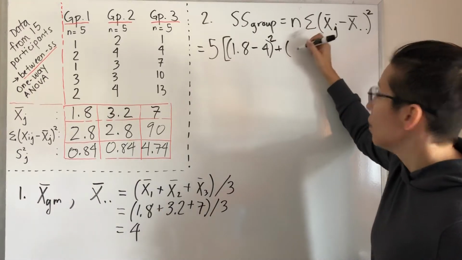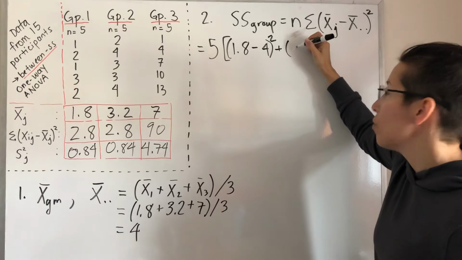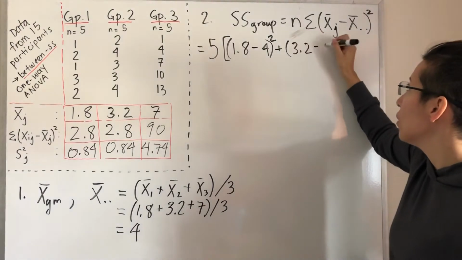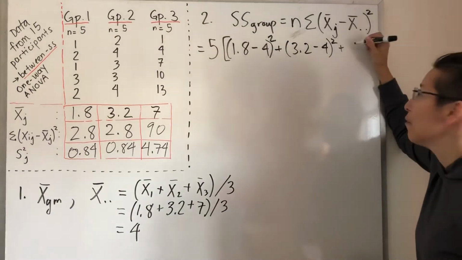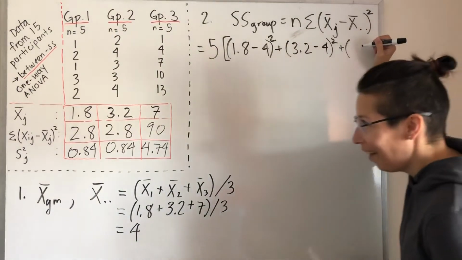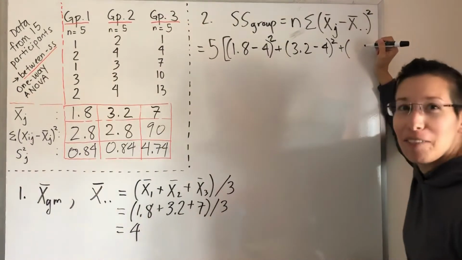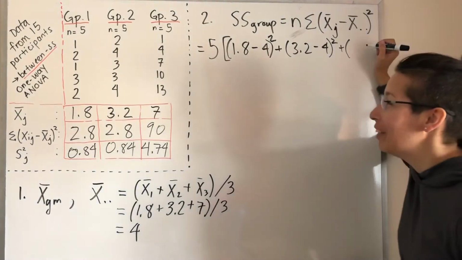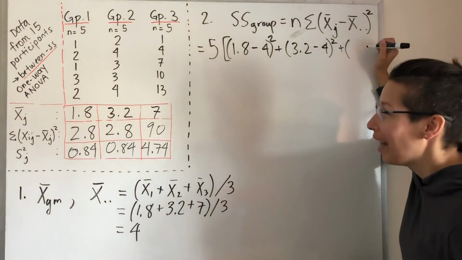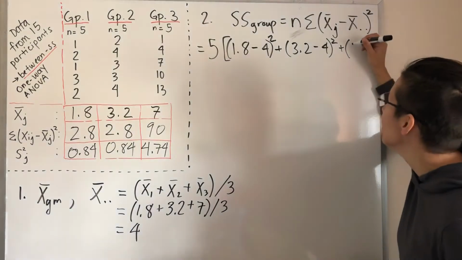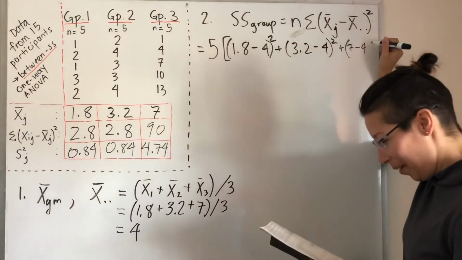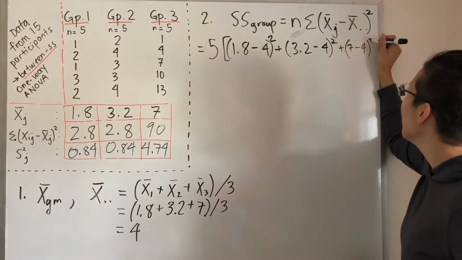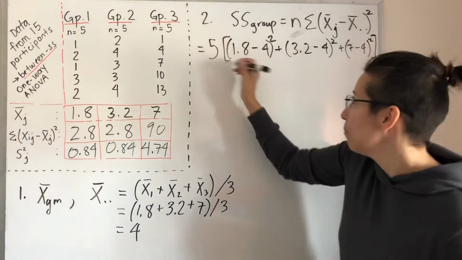So that is 3.2 minus 4, and you square that, and then I have to fit it in. It's very important. I need to have control over a situation in my life, and it's this one line that has to stay one line. So 7 minus 4, okay, that's easy, we could have just written 3. Okay, and then squared, and then close my bracket.